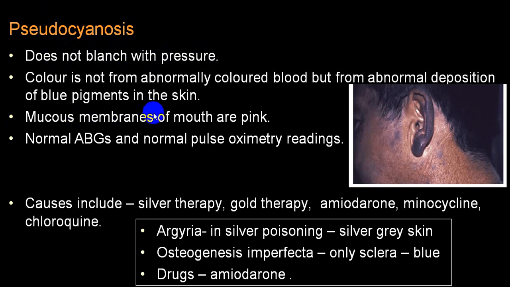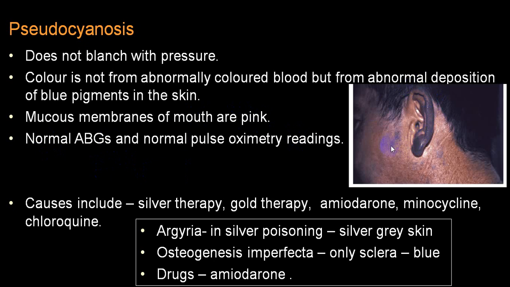The mucous membranes of the oral cavity, that is the tongue, buccal mucosa, pharynx, and soft palate, are pink in color. ABG is normal, pulse oximeter reading is normal, but you feel there is cyanosis, and classically you see it over the ear pinna.